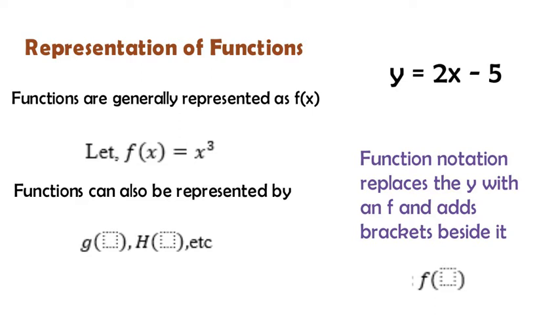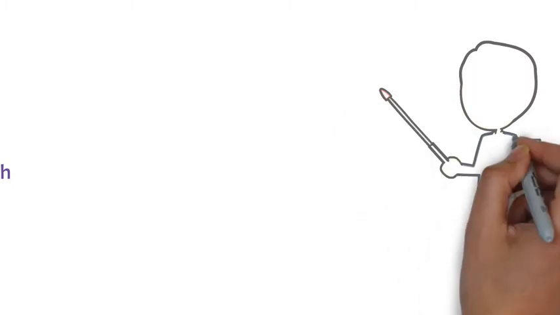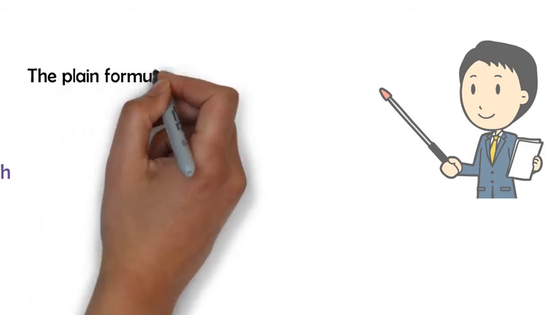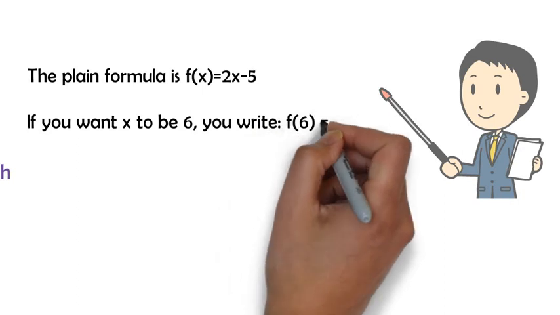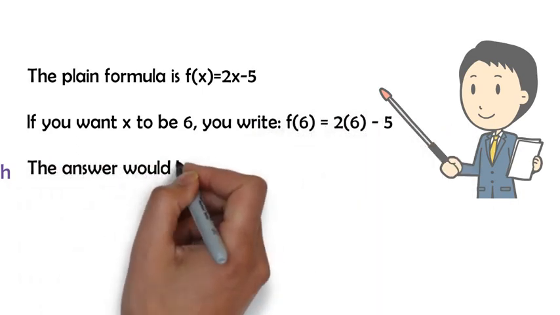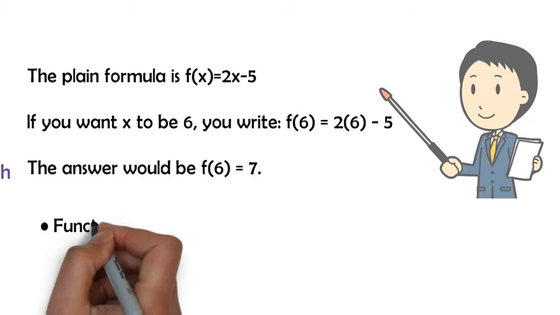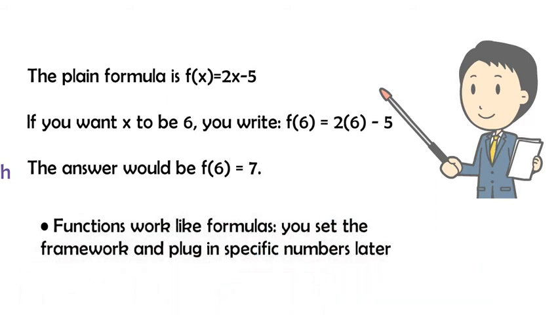What goes in the bracket is the value of x that gets substituted in. The plain formula is f of x equals 2x minus 5. If you want x to be 6, you write f of 6 equals 2 times 6 minus 5. The answer would be f of 6 equals 7. Functions work like formulas, to set the framework and plug in specific numbers later.